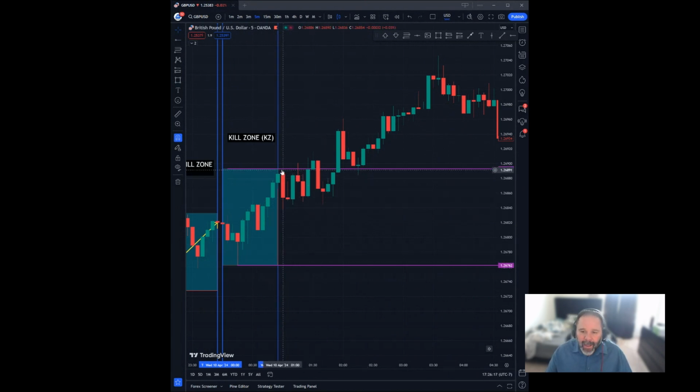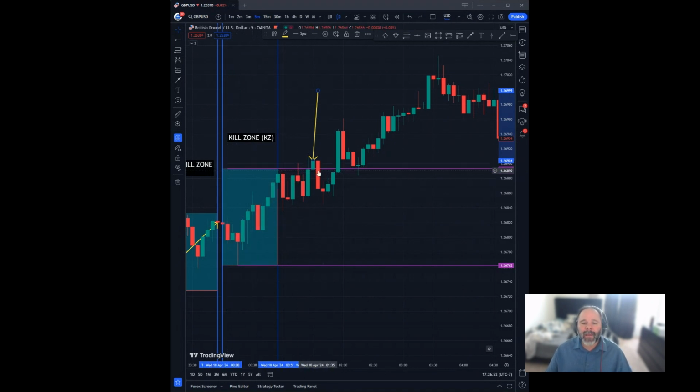For example, this candle right here broke the high price of the rectangle. Why do I say it broke? Because this green candle started to form down here and ended up here, closing above the horizontal line that marks the high point of the rectangle.